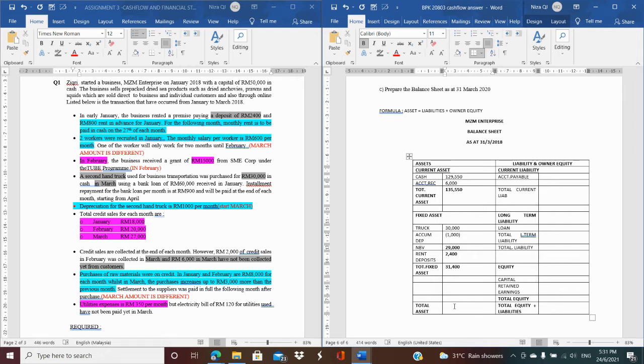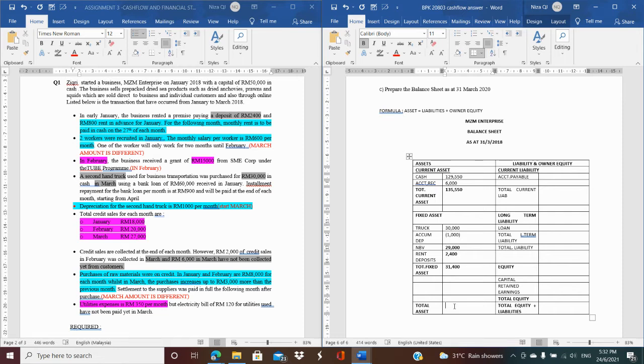Okay, so now what will be the total of the asset? 13550 plus 31,400. Okay, so the amount will be, let me calculate again for a moment. 29,000 plus 2,400, 31,400 plus 135,550.